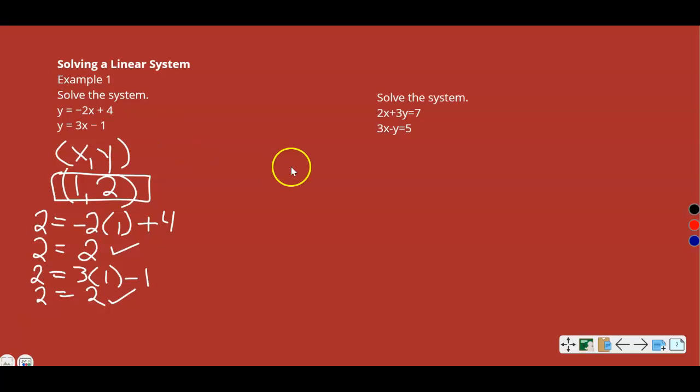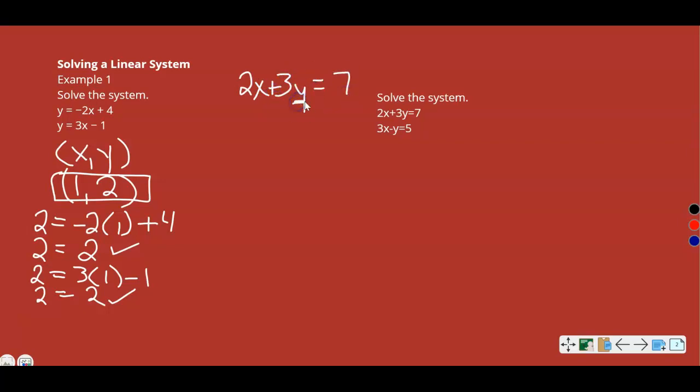All right, the second one here. Solve the system. 2x plus 3y equals 7, and 3x minus y equals 5. So the first thing we need to do for this one, if we're going to put it in the calculator, is to get each equation solved for y. So let's say 2x plus 3y equals 7.